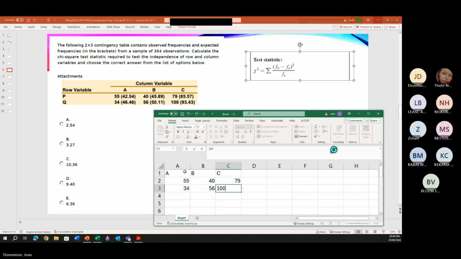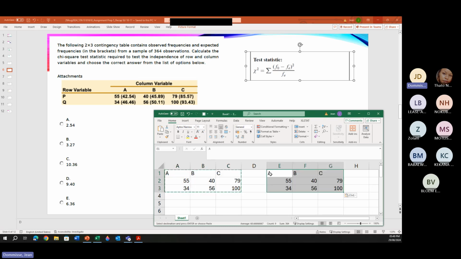I'm not even going to do any formulas, so that you can just see how I would have done it in the exam if we were not allowed to pre-populate it. I would have just put in all these numbers as they have given it to us.